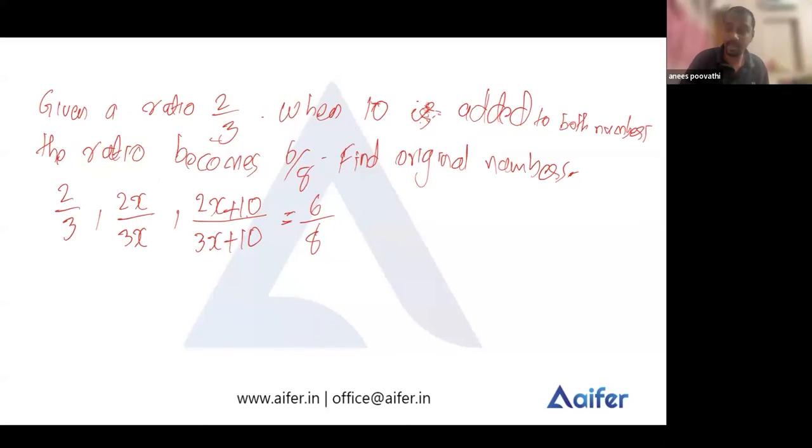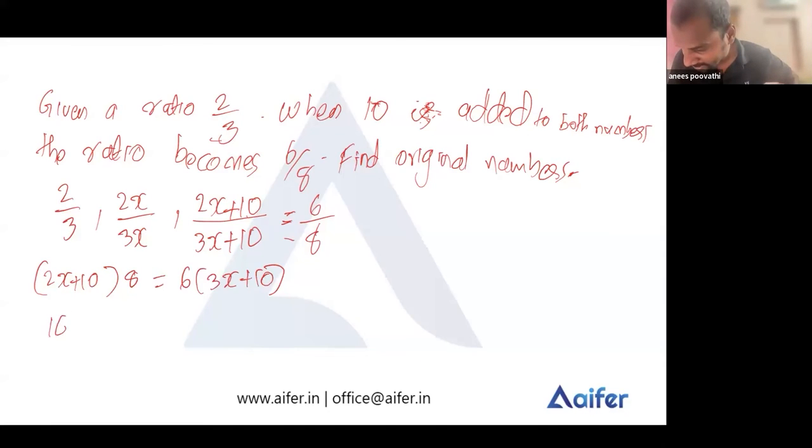So we'll be cross multiplying. We have 2x plus 10 multiplied by 8 equals 6 into 3x plus 10. Cross multiplying, 2x into 8 is 16x plus 80, which is equal to 18x plus 60.